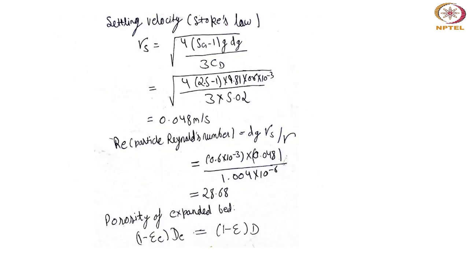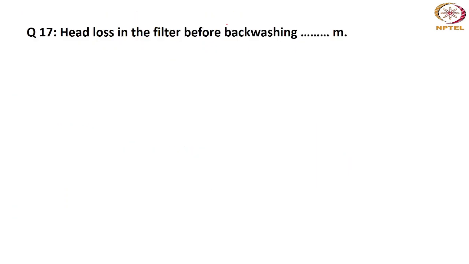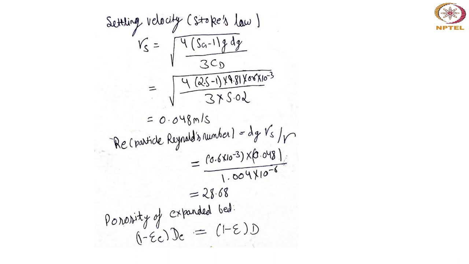The next one is your backwashing velocity. So the settling velocity according to Stokes law, Vs equals the root of 4 into (s minus 1, where s is the specific gravity) multiplied by g into d, where d is the diameter, divided by 3 into Cd, the drag coefficient.